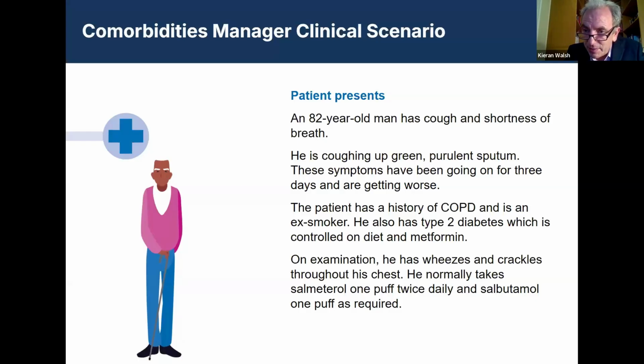On examination, he has wheezes and crackles, and he also takes inhalers for his chest condition. So this is not a diagnostic challenge. It's very straightforward to know what the diagnosis is: COPD and type 2 diabetes. However, it is a therapeutic challenge, a management challenge, as we're going to see.